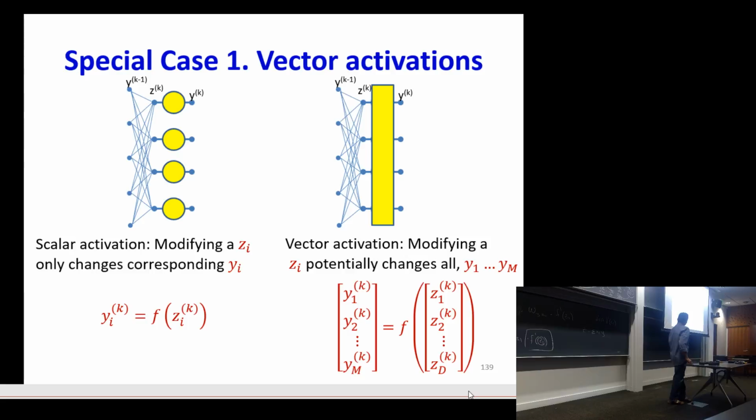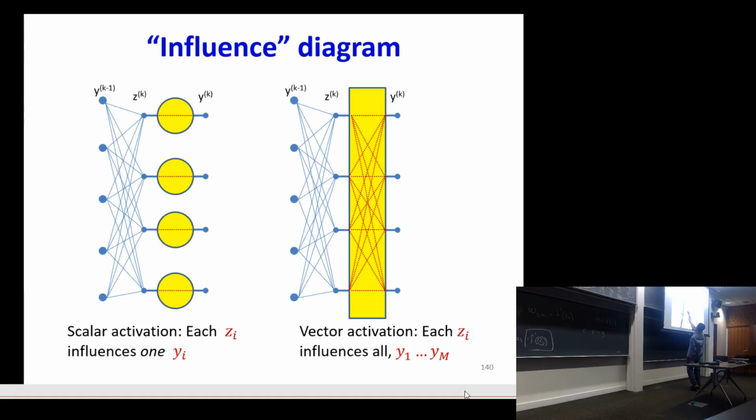Once I use this notation, when I have a scalar activation, each z only influences a particular y, right? So if I want to compute the derivative of the error with respect to a z, I just need to compute the derivative of the error with respect to the corresponding y, and then multiply that by the derivative of this y with respect to the z.